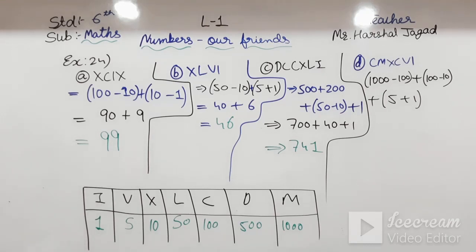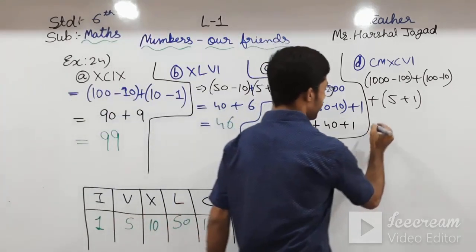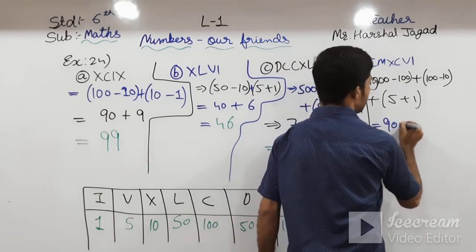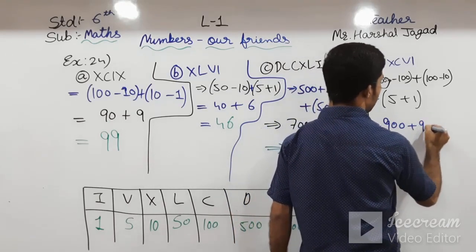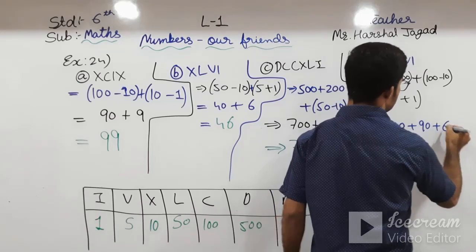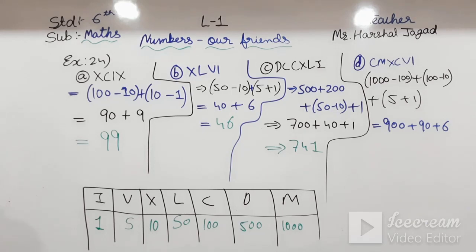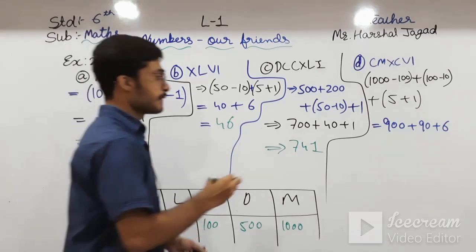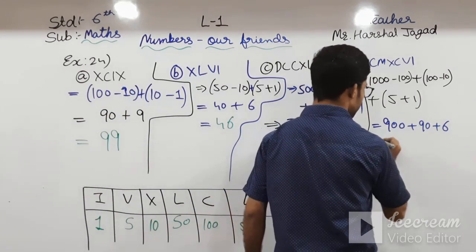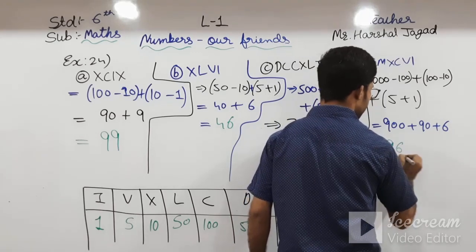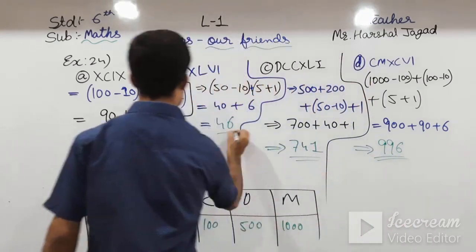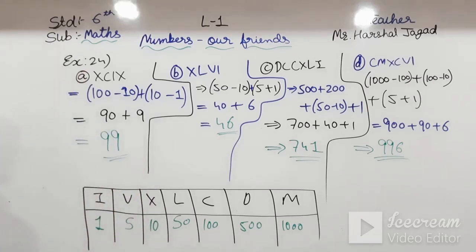Okay students, please write down the answer. So 1000 minus 100 is 900, plus 90, plus 6. What will be the answer students? That is 996. So these are the answers of example 24. Please note this down students.